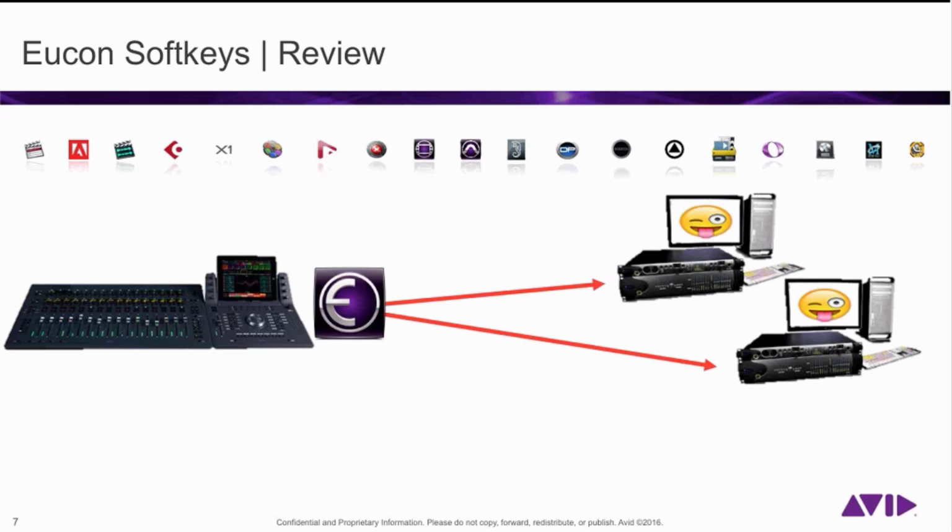So, to summarize what Eucon can really do, you can connect a single or multiple surface to a single or multiple workstations running a single or multiple applications. That's just crazy flexible.